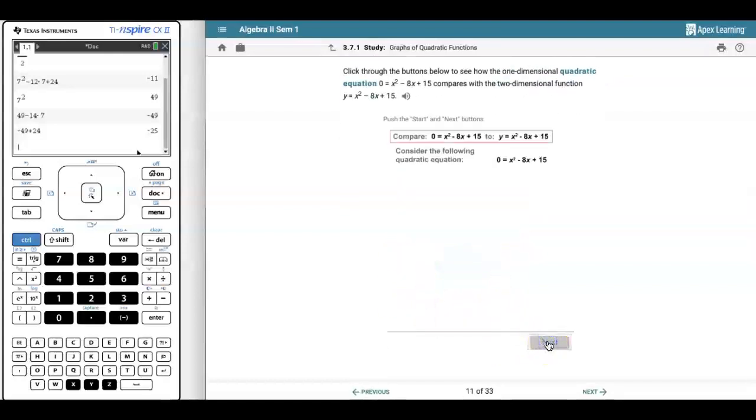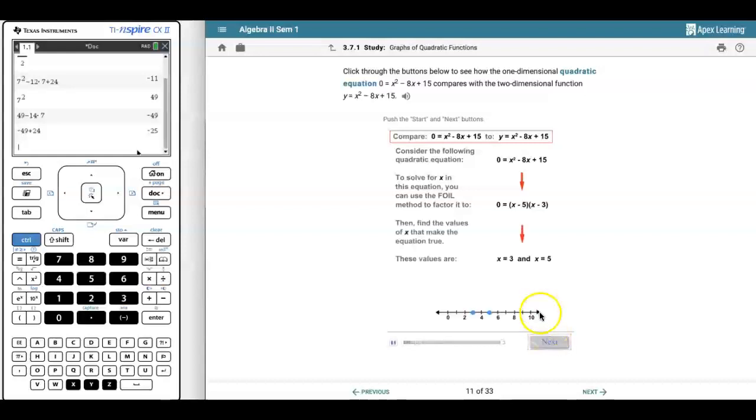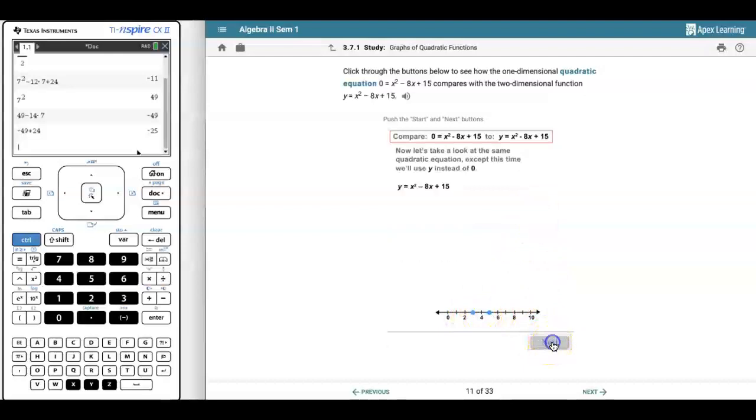So just to show you here real quick, if we consider the following quadratic equation, we solve for x, and then we find out that x is equal to 3 and x is equal to 5, by doing our factors and using our zero product rule. So that would take us to the two-dimensional answer here.